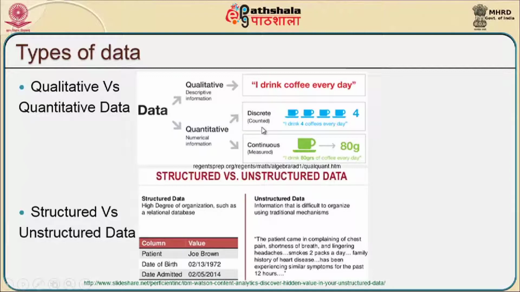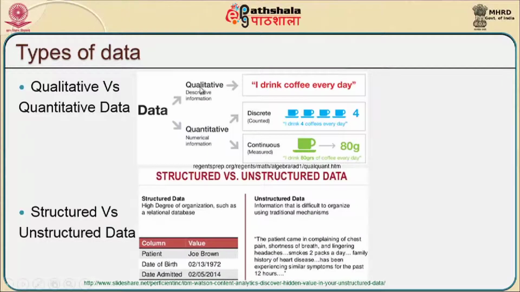Discrete means I can count the numbers. So I drink 4 coffees every day, where 4 is the quantity. By continuous, which can also be measured, I drink 80 grams of coffee every day. So that expresses a value which can correctly specify the quantity.